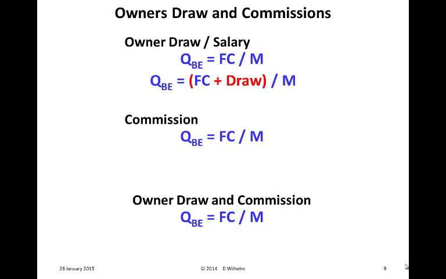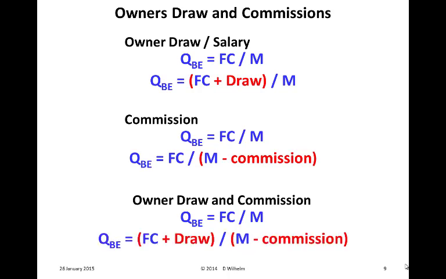If we need to take commissions into account, those will simply be subtracted from the margin. Putting them both together, add draw to fixed costs and subtract commission from margin. Notice that both of these items increase the break-even quantity we will have to cover.